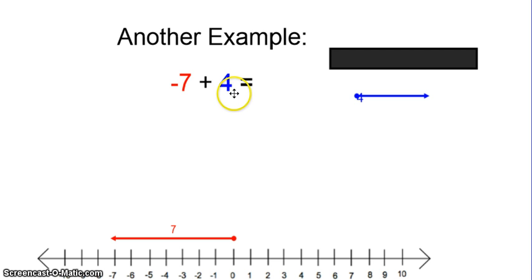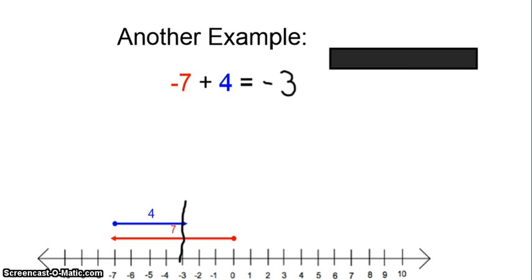And we have a +4, so we're going to want to go back 4 in the right direction. If we count back 4 units, this will bring us to a -3. So we'll be stuck right here. A -3 is our answer.